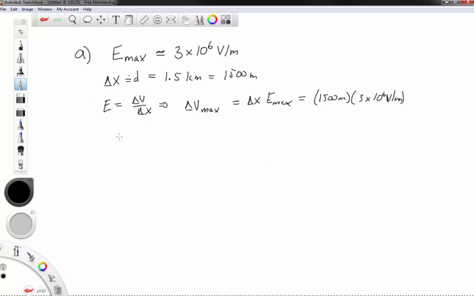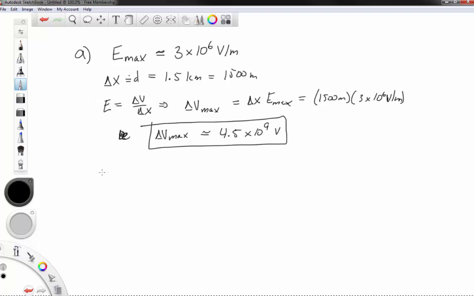So that means that the maximum potential difference between the base of the cloud and the ground is about 4.5 times 10 to the 9th volts, so 4.5 gigavolts.